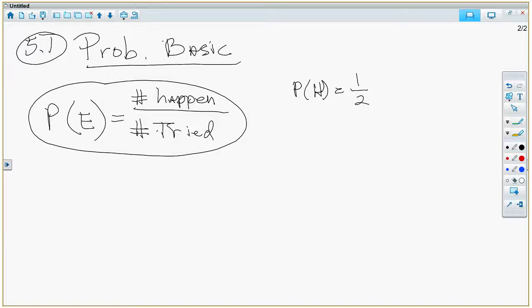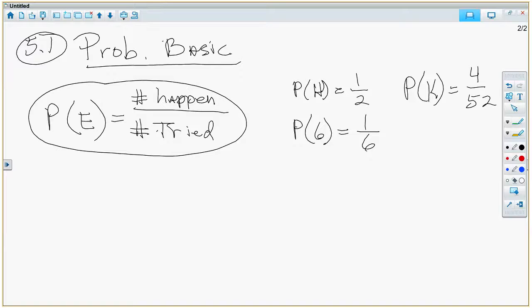That's the Mayberry probability. What about rolling a 6 on a die? 1 out of 6. What's the probability of picking a king in a deck of cards? 4 out of 52. Those are all Mayberry probabilities.